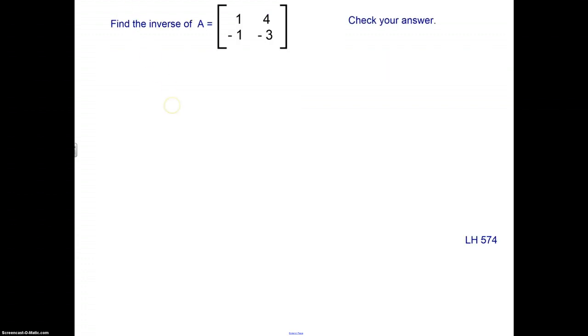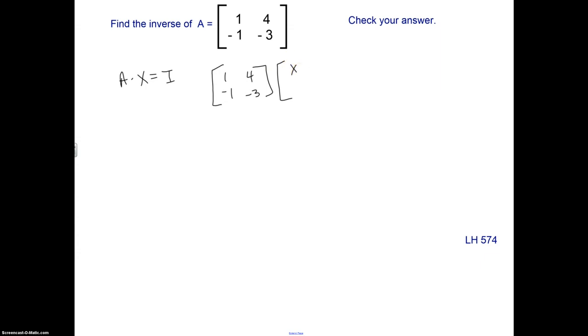Okay, so we're going to go ahead and try to find the inverse of this matrix. Let's let X be our inverse matrix. We know that A times X is going to be the identity matrix. So we could write this as A, 1, -1, 4, -3, times X. I'm going to write it all out.